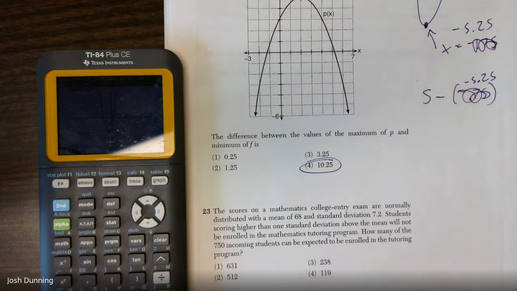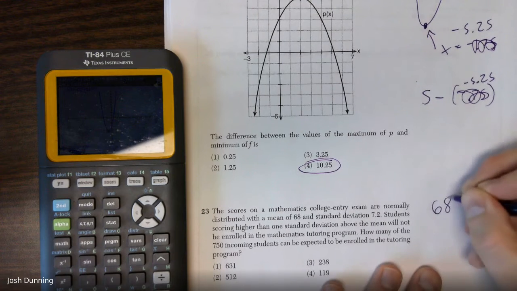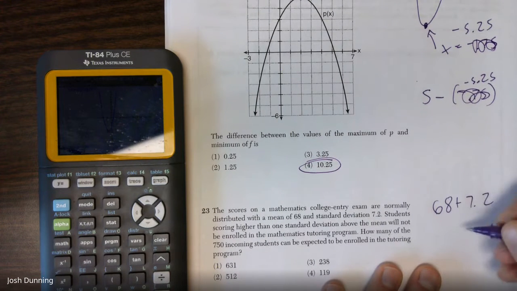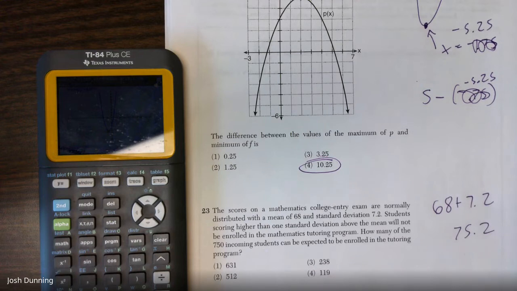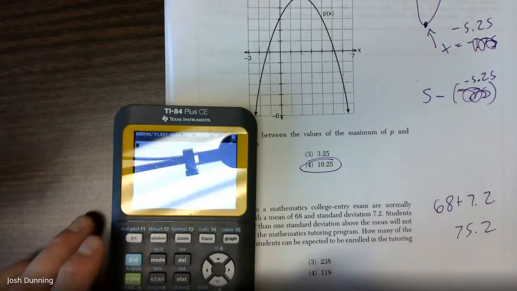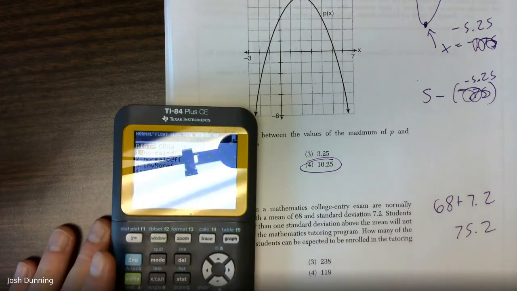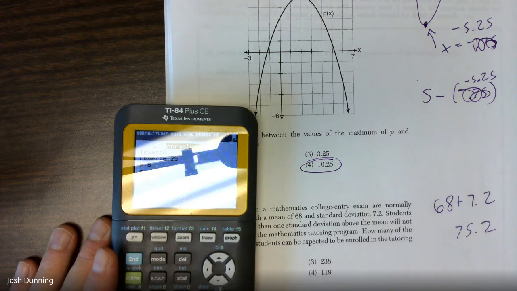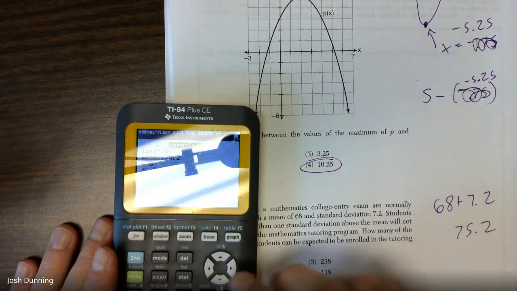All right. So if you score higher than one standard deviation, you're not enrolled. That means if you score lower than one standard deviation above the mean, so here we go, 68 plus 7.2, that's 75.2. This or lower will have to be enrolled. So I'll quit out of my graph here. Second distribution, choice 2. The lowest score you can get would be a 0, 75.2.